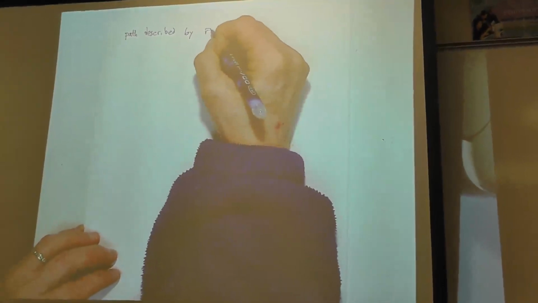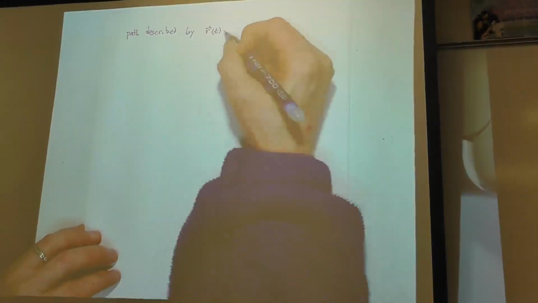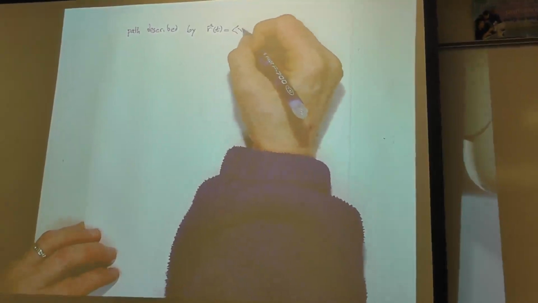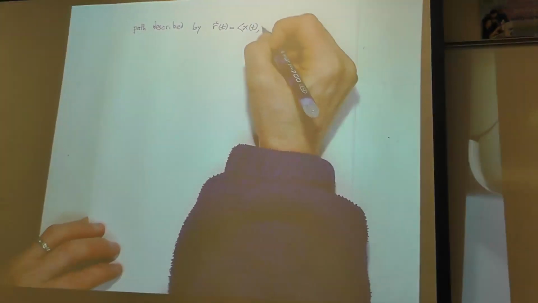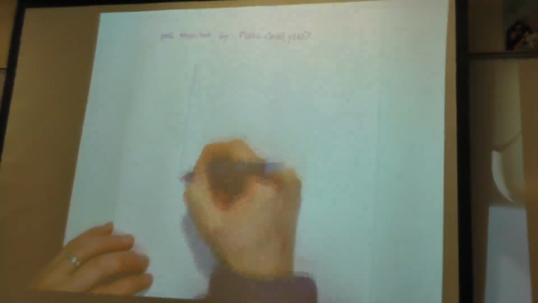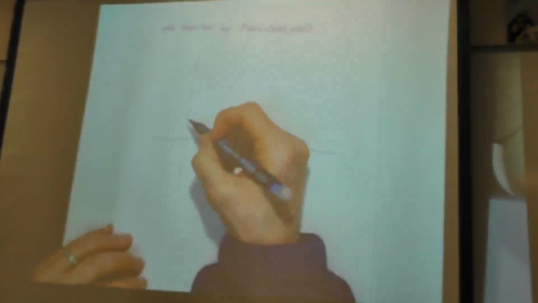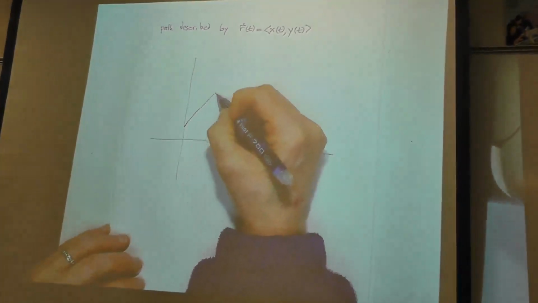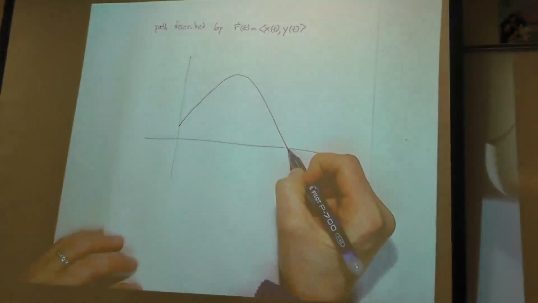So just to give you guys somewhat of a flavor, if I have a path described by some function R of t, so let's make this two-dimensional to keep this fairly easy. So let's say this path goes up and comes down.